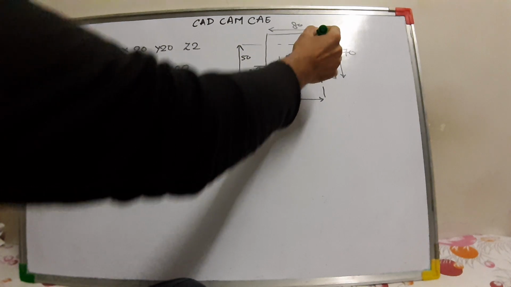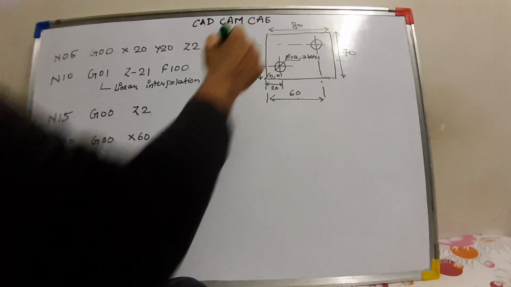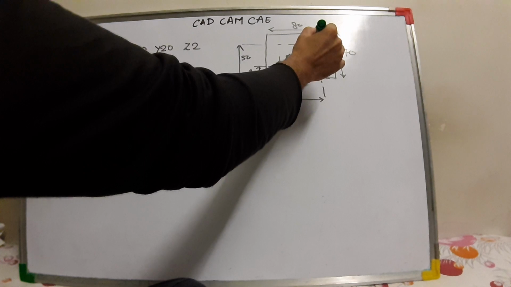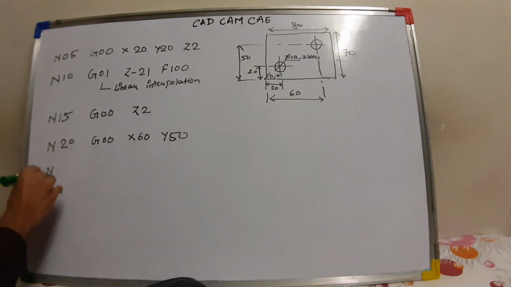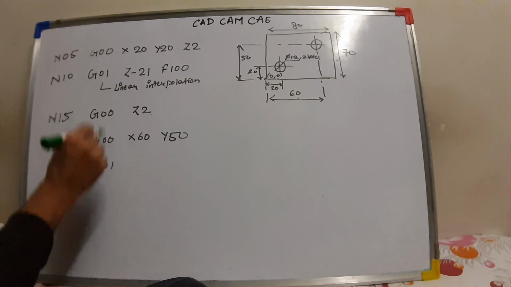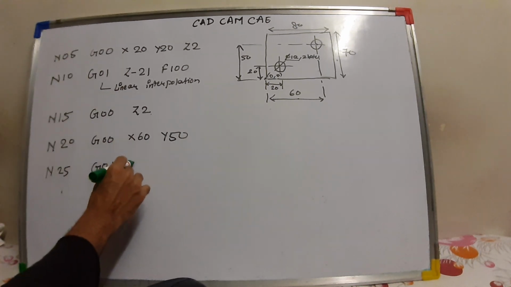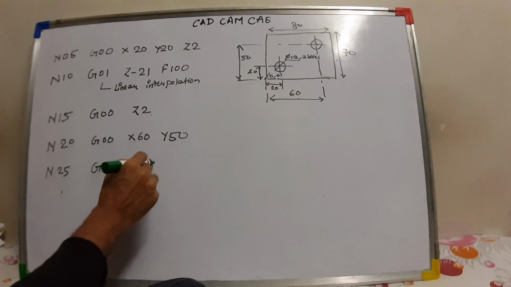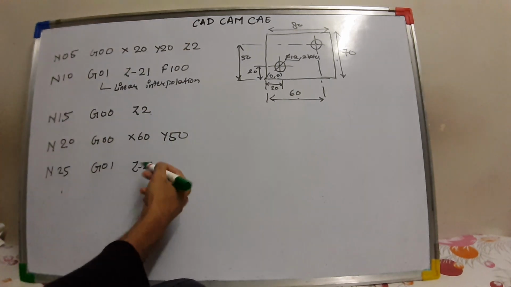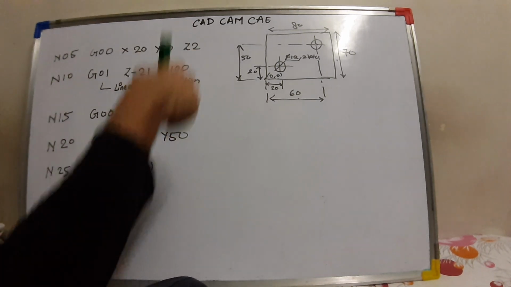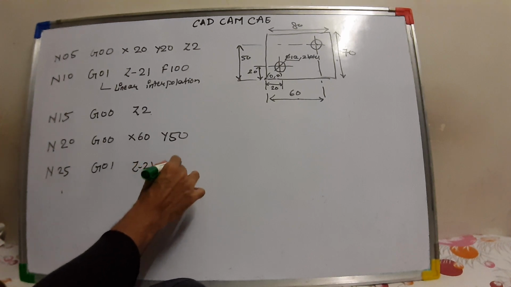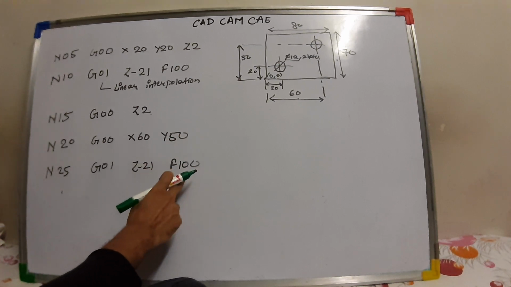So next position is X60 and Y50. So your tool will be here. Then again you will be giving a command N25 G01, again linear interpolation of Z minus 21 in the direction of Z to drill the hole till minus 21, F100 with a feed rate of 100.